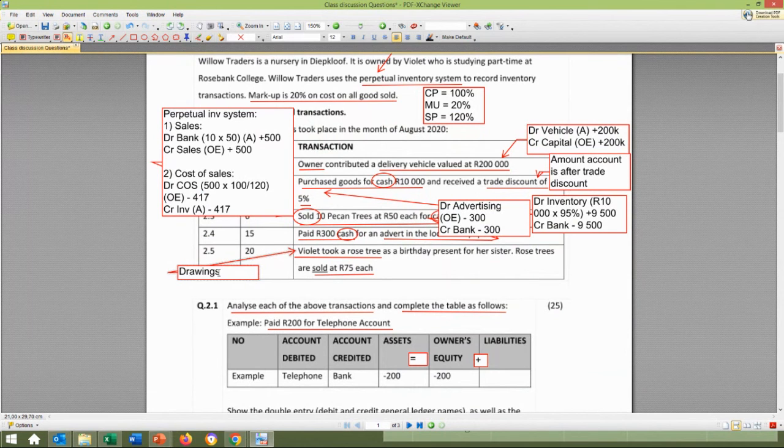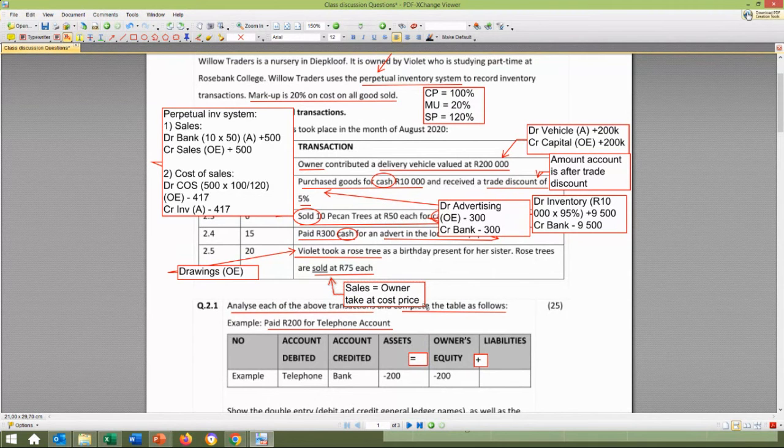And this impacts your owner's equity. But what was very important to note here is that this is the sales price. However, if the owner takes something, the owner will take it at the cost price and not at the sales price.